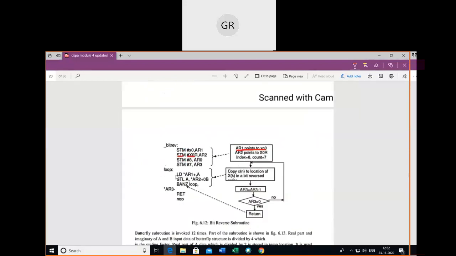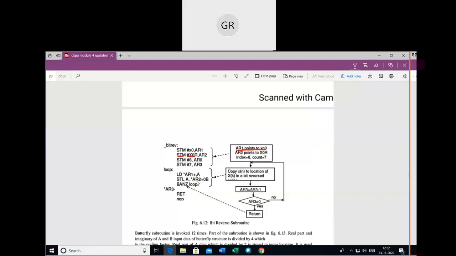Now, at the loop, load AR1 into A: load the location addressed by AR1 into the accumulator A. Now STL A, *AR2+0B: copy x of n to the location of x of k in bit reverse order.